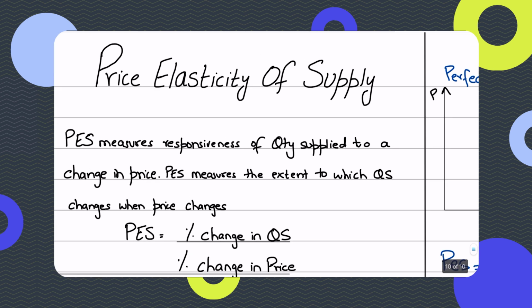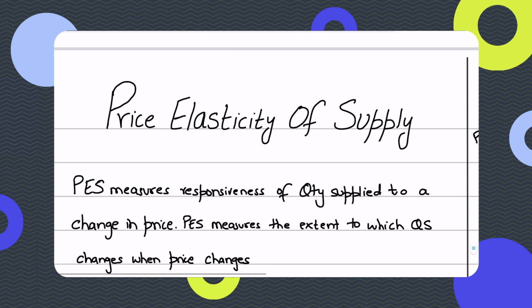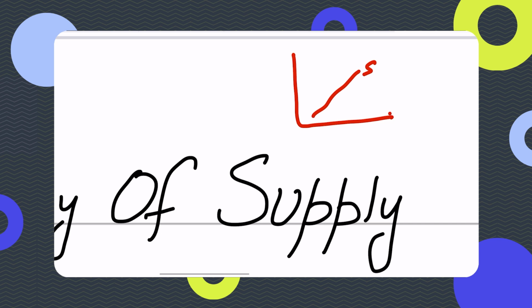Now, guys, just like price elasticity of demand was telling us the responsiveness of quantity demanded to a change in price, the price elasticity of supply talks about how responsive producers are to price changes. We know that the supply curve is upward sloping because it shows a positive relation between price and quantity supplied.